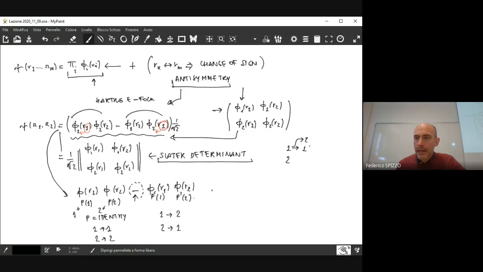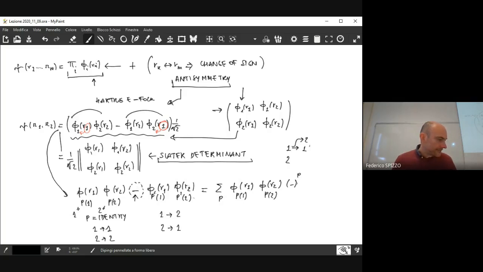So in a compact way, this can be written as a sum over all possible permutations, where in this case I have just two permutations. One is identity and the other is the switch, because I have just two particles. So P will be identity or switch. So just two terms in this summation.